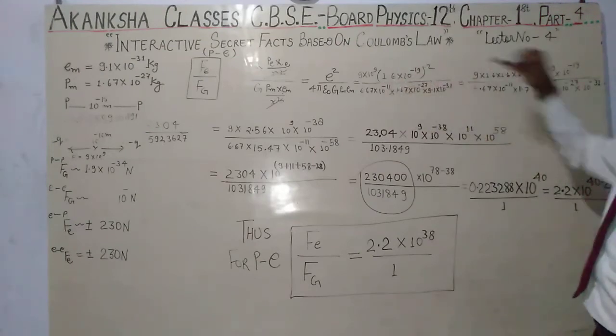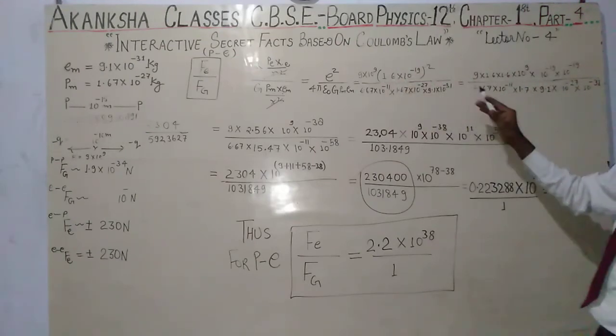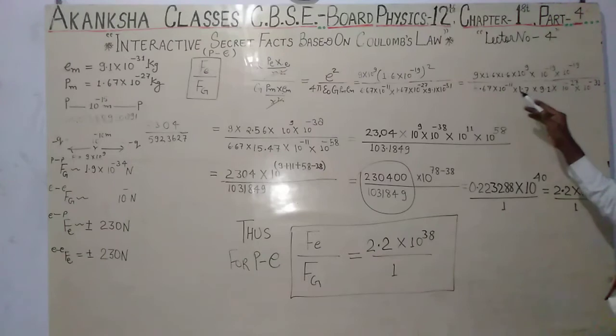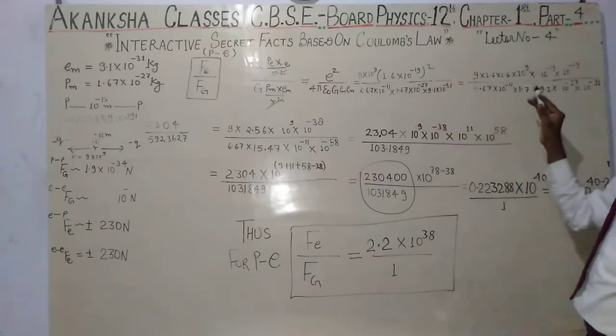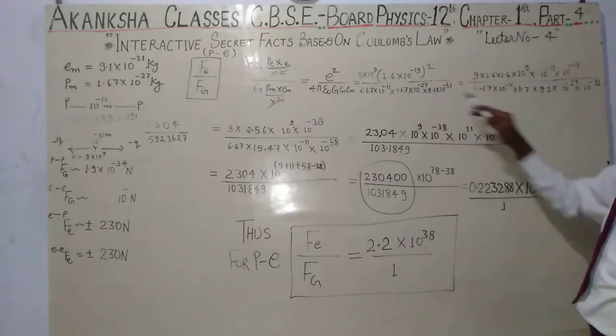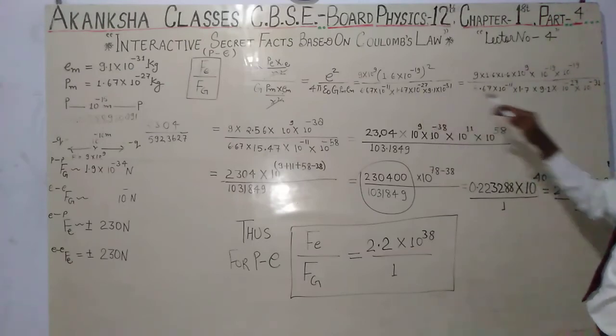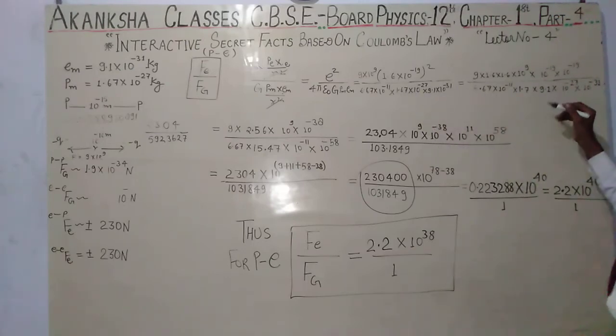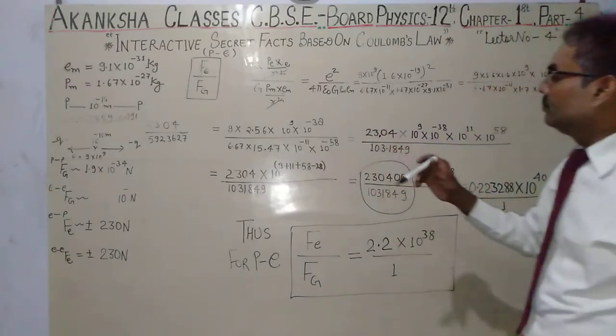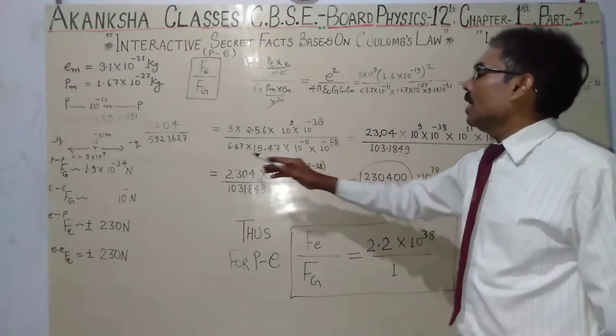To get a rounded value we have written 1.7 instead of 1.67 into 10 power minus 27, and 9.1 into 10 power minus 31.